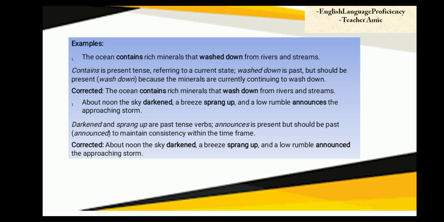And the next verb mentioned is washed down. It's already a past tense. So, kailangan your sentence should be, the ocean contains rich minerals that wash down from rivers and streams. So, that's how you have verb consistency when you are writing sentences.